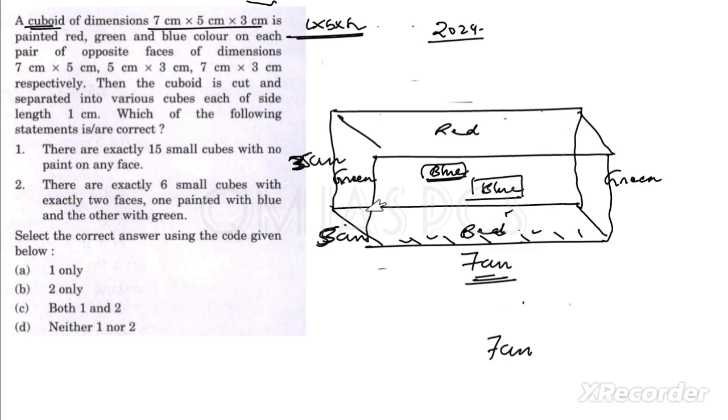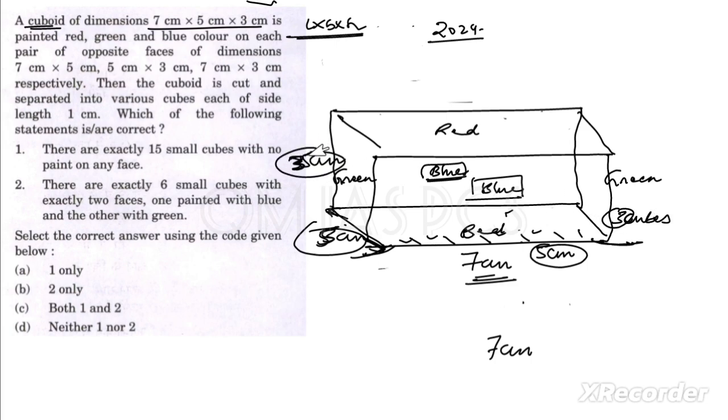You have to remove the first one and the last one, so we have only 5 cubes left. From this side, if you remove this one cube and this one cube, 3 cubes are left.